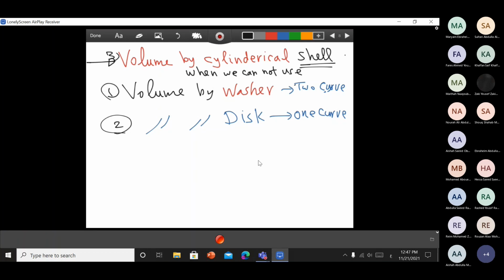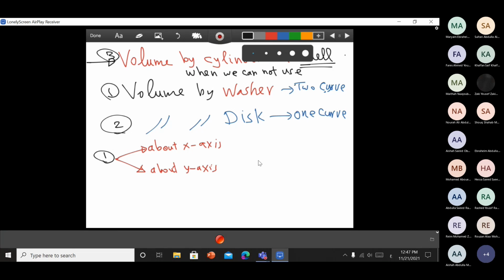Number one, as I said, you have to mention whether you are rotating about the x-axis or the y-axis.